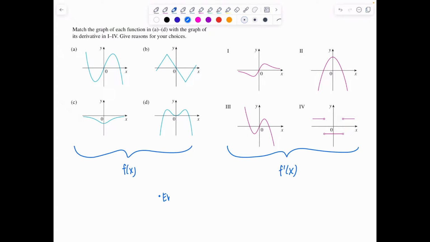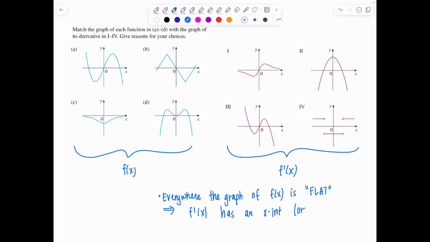Everywhere the graph of f of x is flat, aka it has a horizontal tangent, that means f prime has an x-intercept, or is equal to 0. If it's at more than 1 point, like if it's flat for a while, okay?